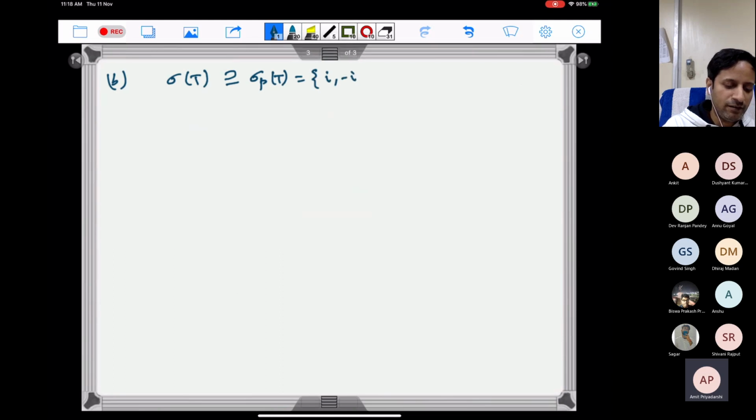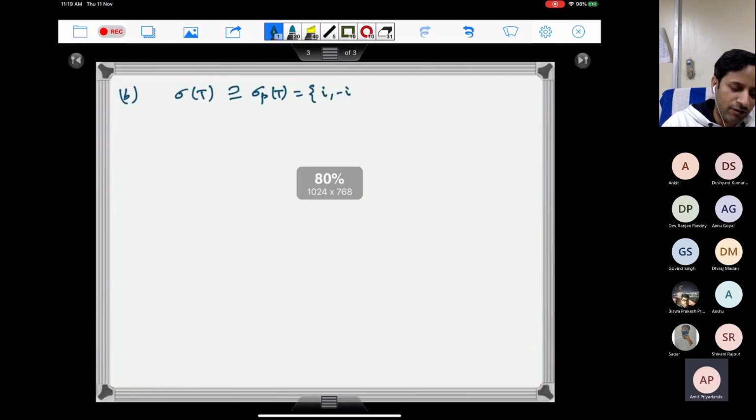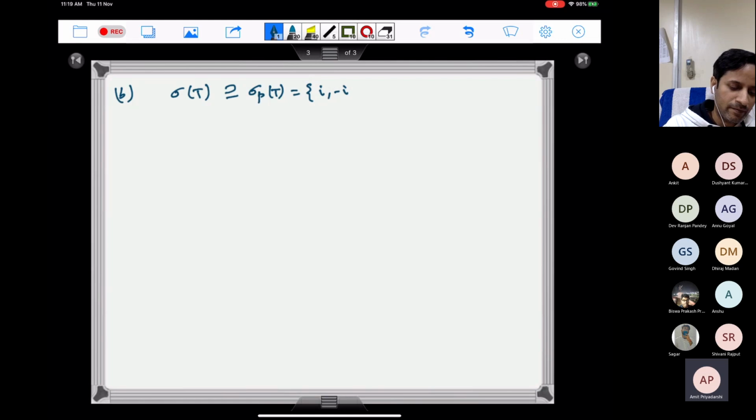So I know that these are in the spectrum, iota and minus iota. But maybe because this is an infinite dimensional space, there may be other spectral values also. So what is sigma T?